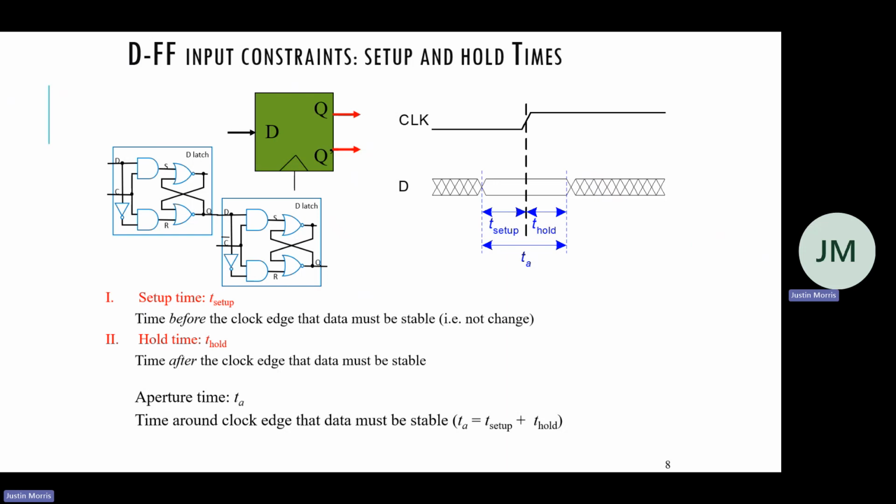We need the input D to be stable and not change for at least the time it takes for the input to pass through and get saved into the latch. Because if D is not stable before then, the latch will not latch onto this new value.